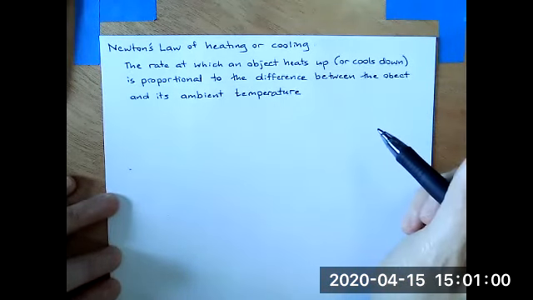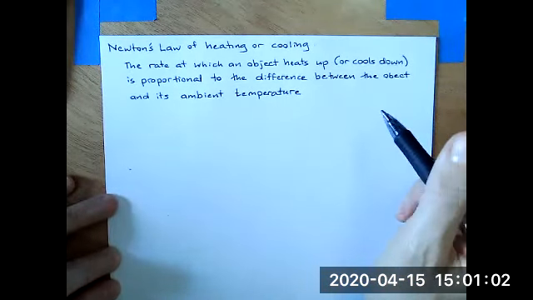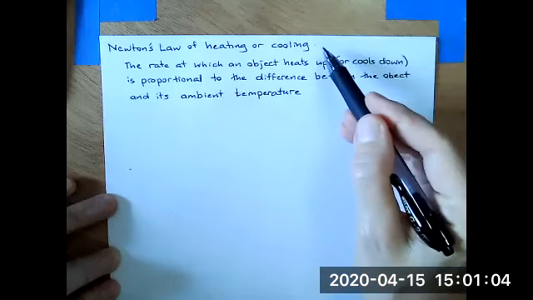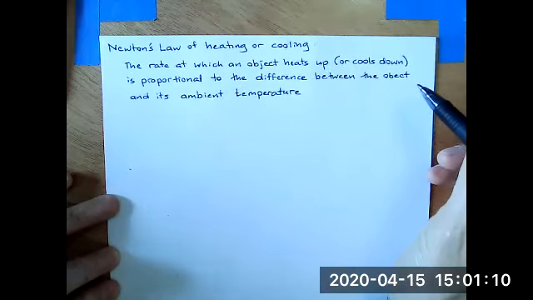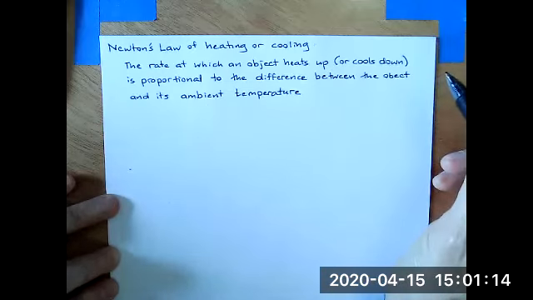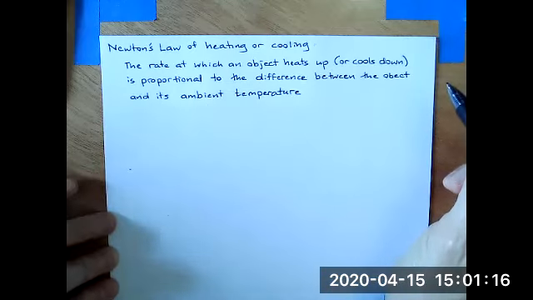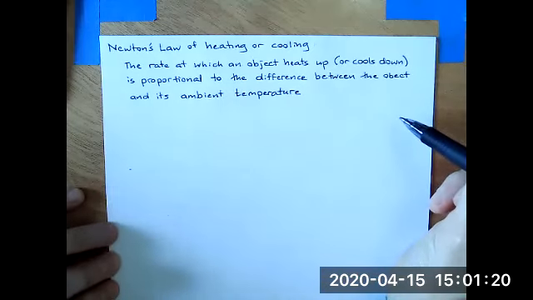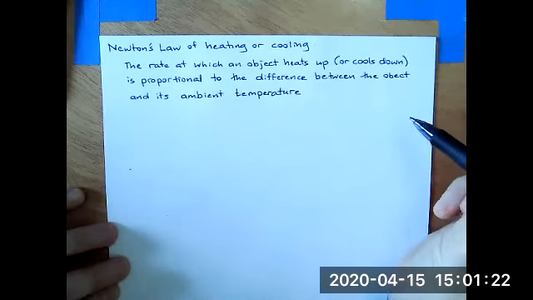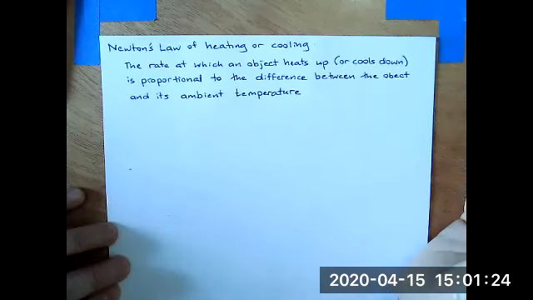You would use a graph like that to describe something like Newton's law of heating or cooling. The rate at which an object heats up or cools down is proportional to the difference between the object and its ambient temperature. So if you wanted to cool something off, it would cool off faster in the freezer than it would on your table.